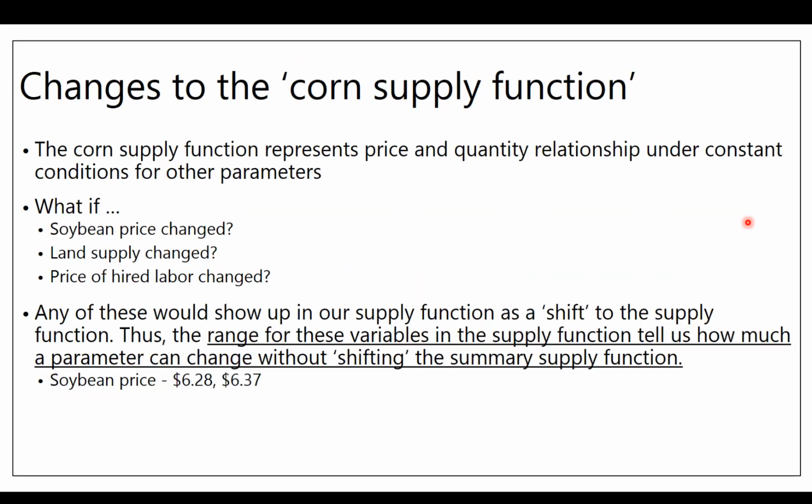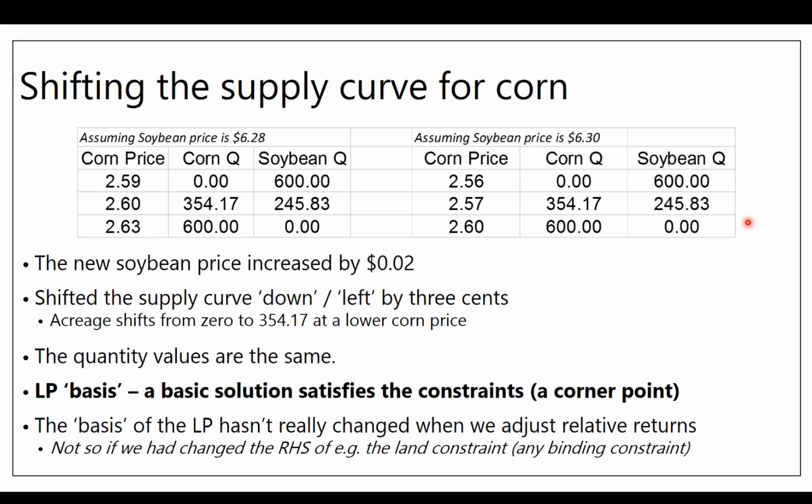Okay, and so that's what we end up with. It's possible we could have a ton of activities that are all very sensitive so that you switch, right? So a third activity, a fourth activity, a fifth activity. So it's also related to the number of activities and how close they are to one another parametrically. But in general, in this kind of problem where we're thinking broadly about crop alternatives, we're not going to be changing the basis in terms of the corners of the problem. We're actually just changing the scale, right?